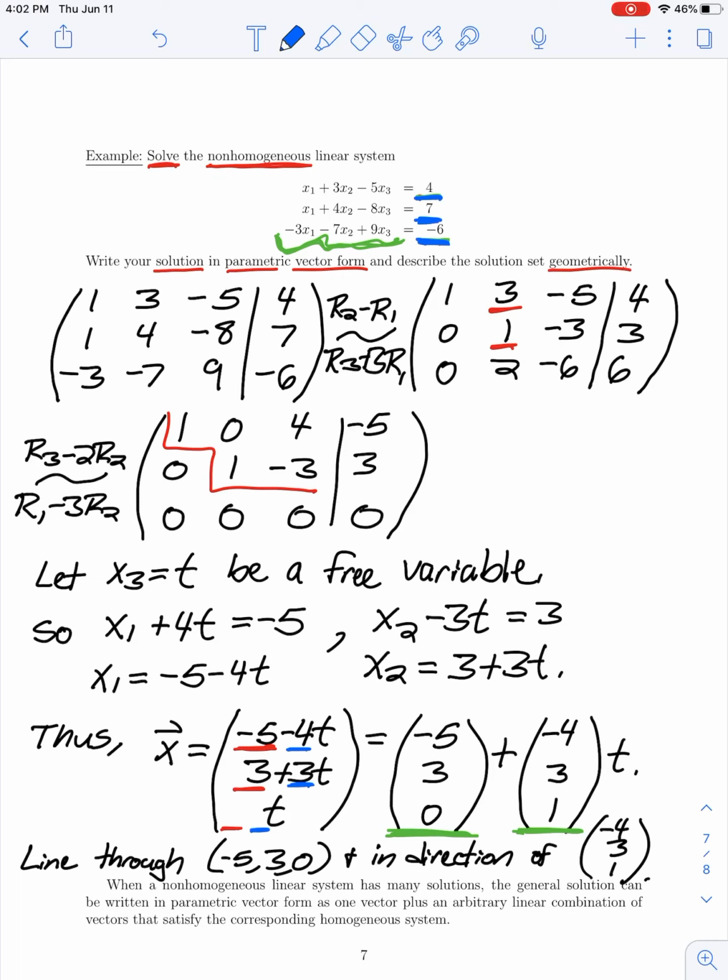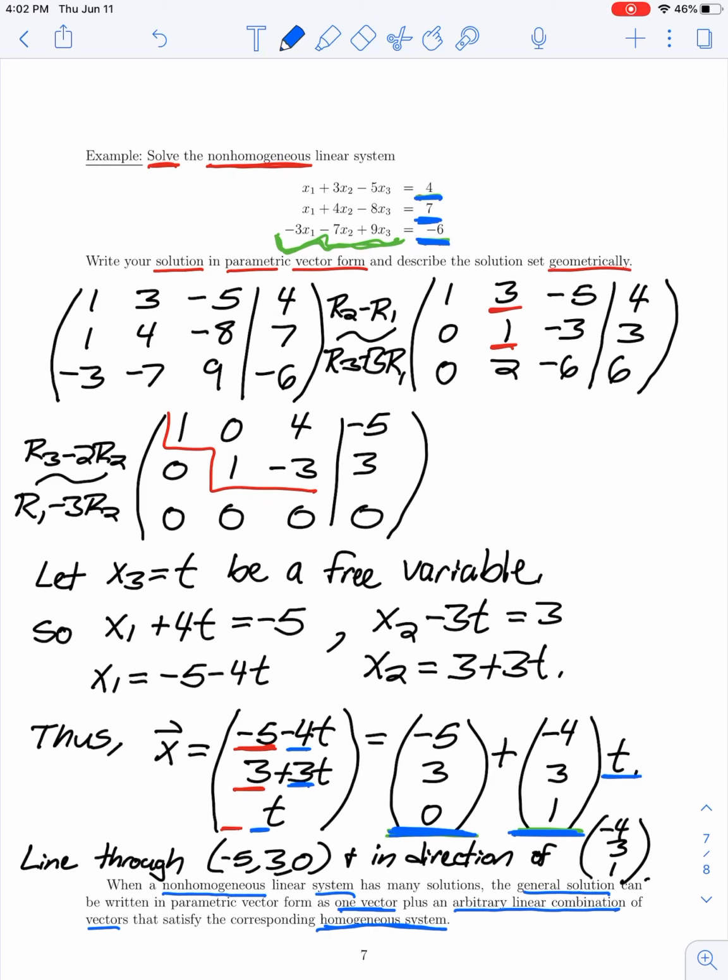So what this last example is illustrating is if we have a non-homogeneous system, which has infinitely many solutions, then the general solution of that system can be written in parametric vector form as one vector, maybe this vector negative 5, 3, 0, plus an arbitrary linear combination of vectors that satisfy the corresponding homogeneous system. So I'm taking some arbitrary scalar multiple of a solution of my homogeneous system. Okay?